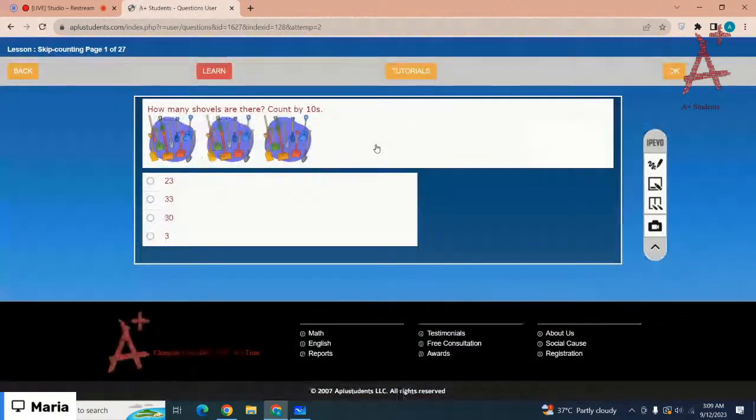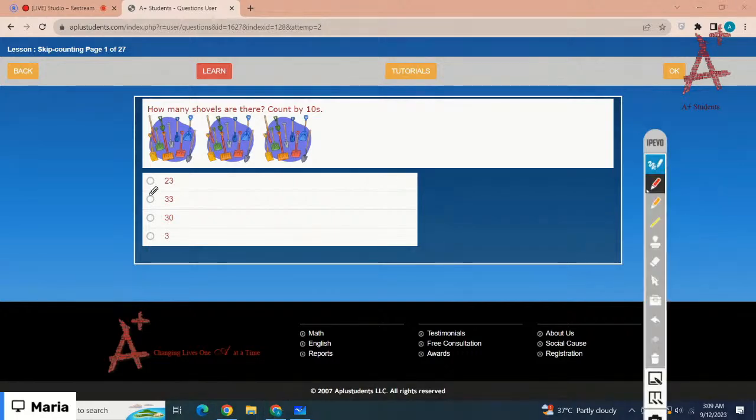Okay, how many shovels are there? Count by tens. You have to count by tens. So which is the correct option? You have 3 groups. You have to count by 10. So which is the correct option? You have to count them by 10, right? That means the first one is 10.